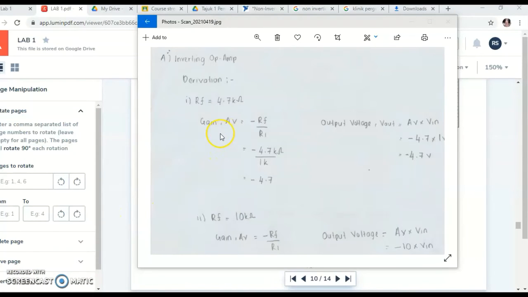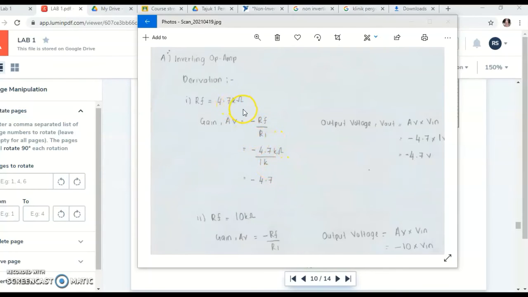In the inverting op-amp, we use the formula AV equals negative RF over R1. Why negative here? Because in the inverting circuit, the supply is connected to the negative terminal.